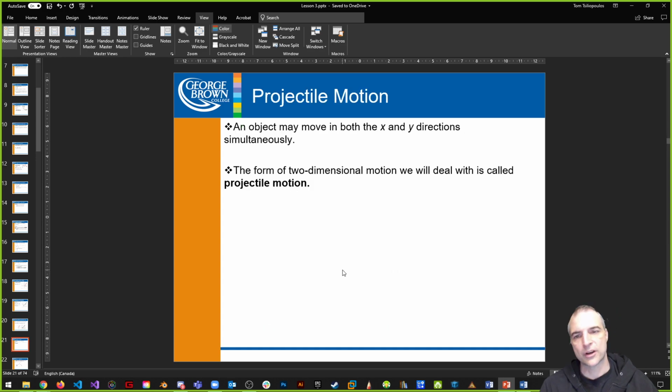When it comes to projectile motion, and this is something that's going to help you for your assignment number 1 again, an object may move in both the x and y directions simultaneously, right? Which is what's happening with a particle in your game world, right?